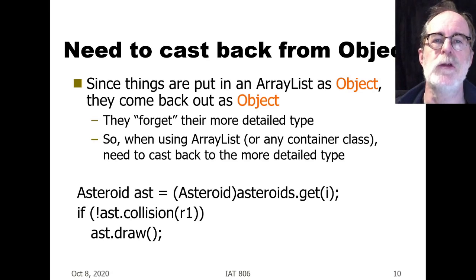You can't put in strings and have that function correctly. That'll just fail at runtime. So given that we assign that now cast Asteroid to the ast variable, we can then say something like, if not ast.collision with a rocket r1, if there isn't a collision, then we should draw it. So doing this typecasting here with Asteroid, we can then do Asteroid calls on ast.